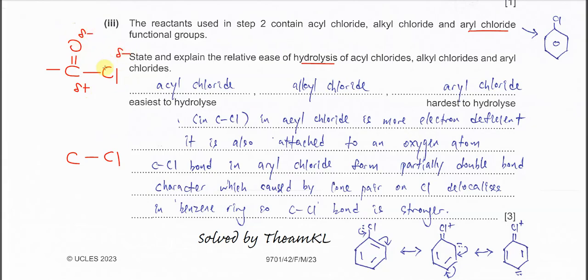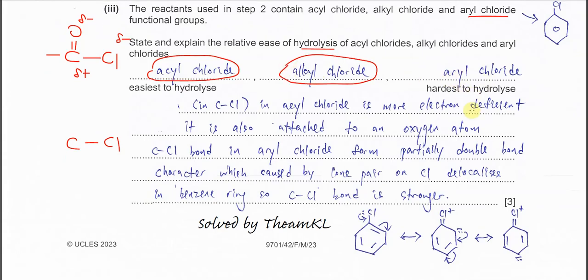These 2 atoms withdraw electrons, so the carbon becomes more electron deficient. Therefore, it's easier for this carbon to get attacked or react with others. So the easiest to undergo hydrolysis is the acyl chloride, followed by the alkyl chloride, and the last one, of course, is aryl chloride.